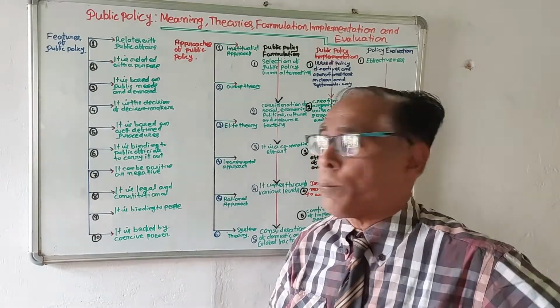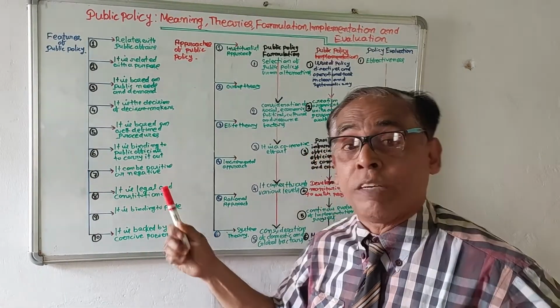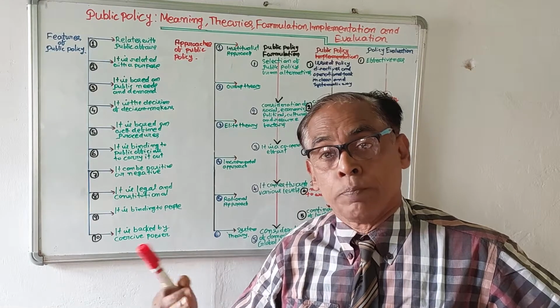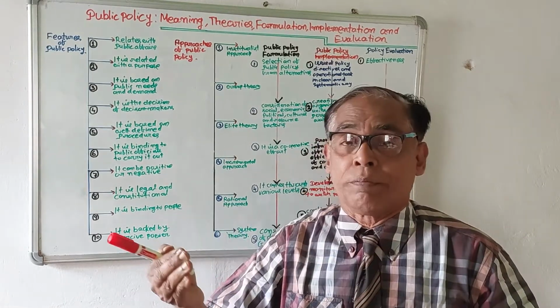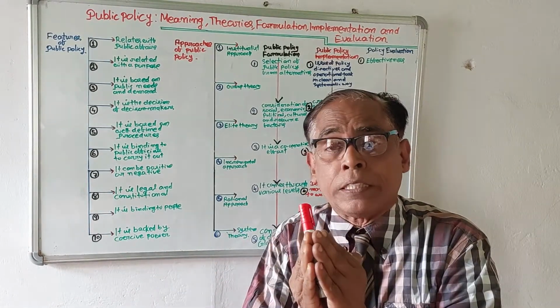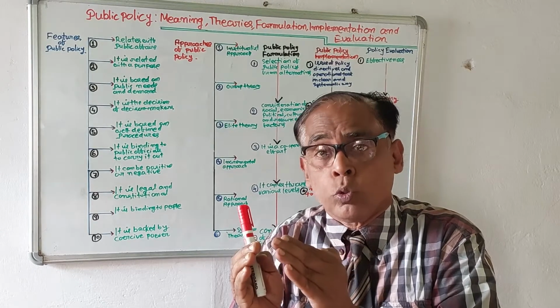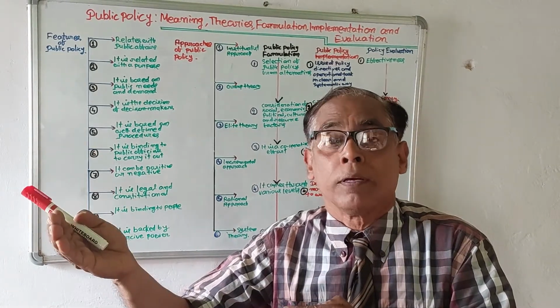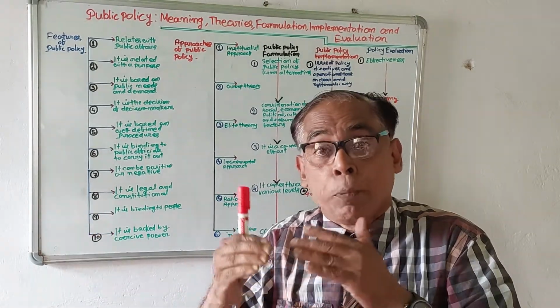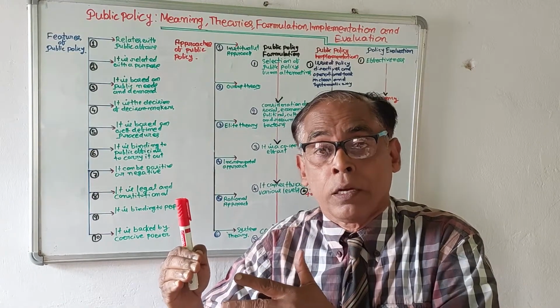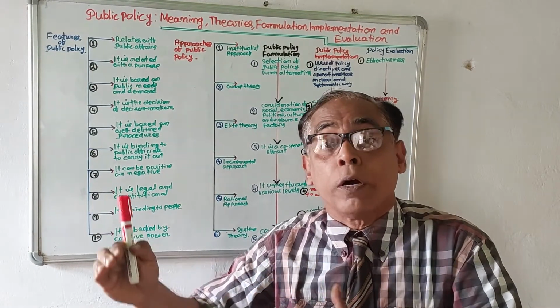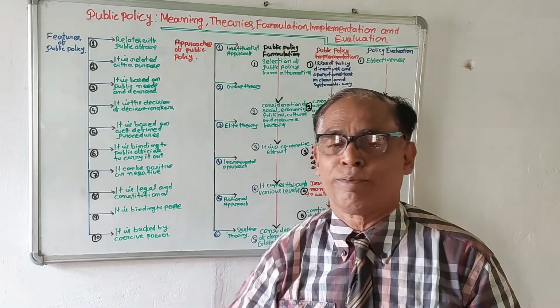Again, another feature is that it can be positive or negative. Sometimes public policy is prepared to serve some people, it is positive. And sometimes public policy is prepared not to perform a certain thing, it is negative.